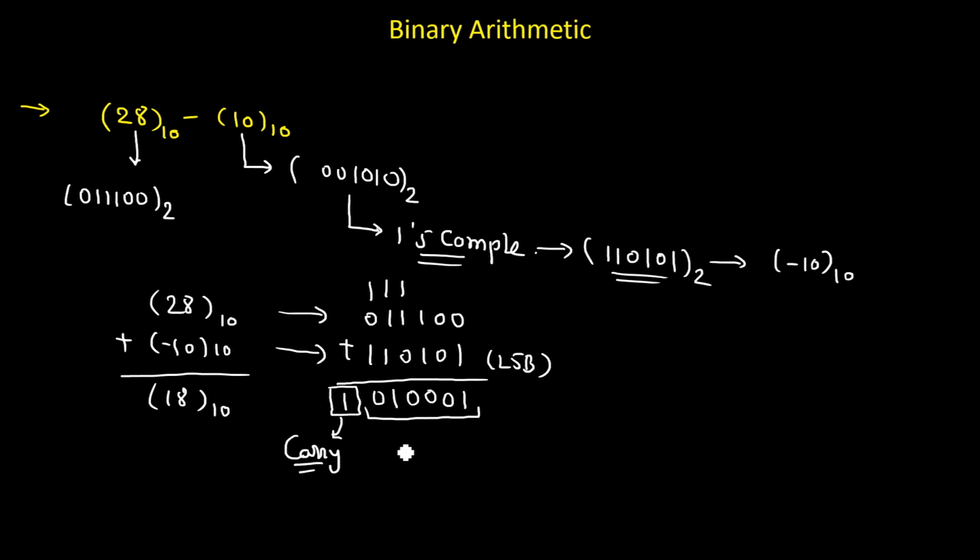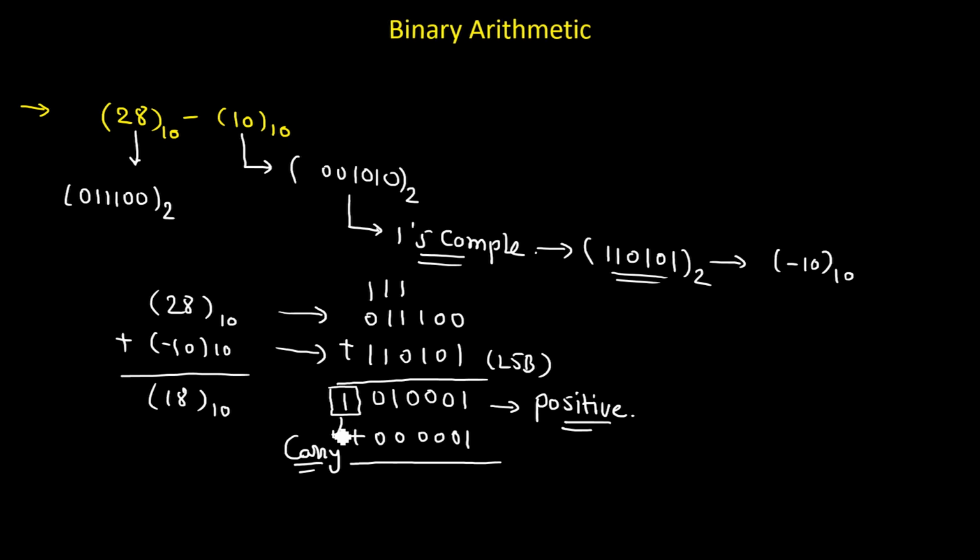As we discussed earlier, if carry is generated, then the result is positive. So this result is a positive result and it is true. That means we have to add the carry to the result to get the final answer.